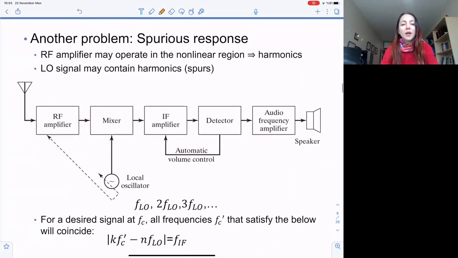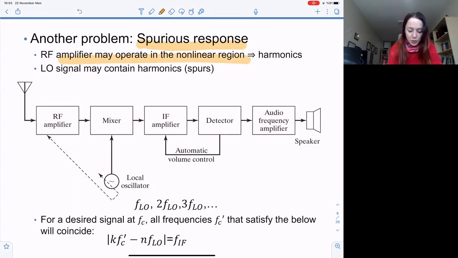Okay. Another problem, in addition to the image problem, is spurious responses that are created due to harmonics that appear due to the nonlinearities in the RF amplifier.